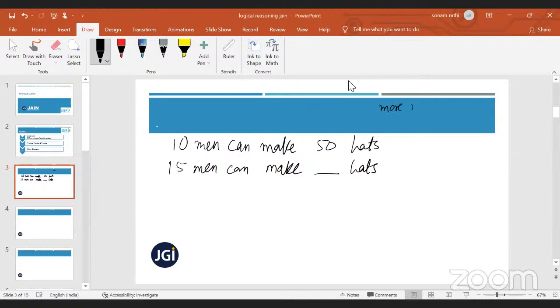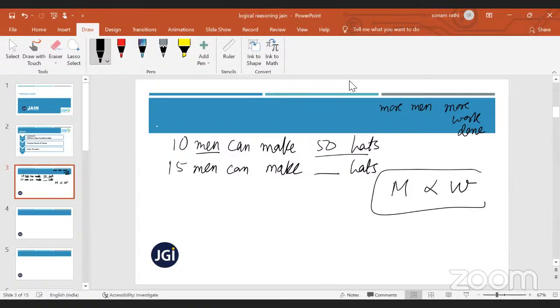More men, more work done, correct? So can I say men and work is directly proportional? Men is directly proportional to work. More men, more work done. Less men, less work done, right?